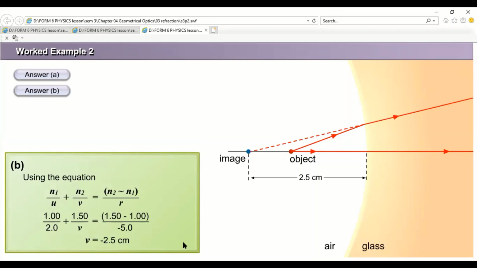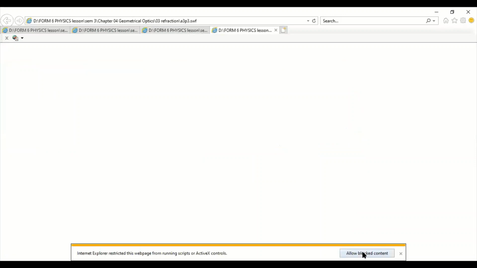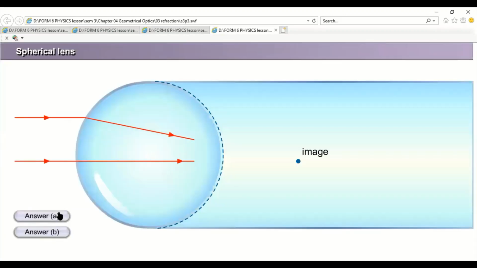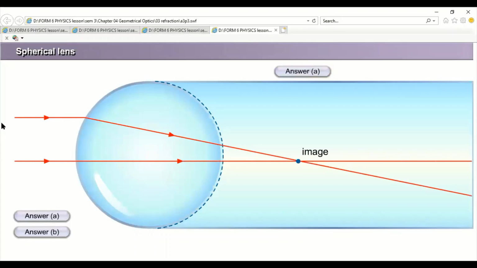As a conclusion, we can say that for a spherical lens, the object, okay, so we look at another example. What will happen if the image forms outside the spherical surface?